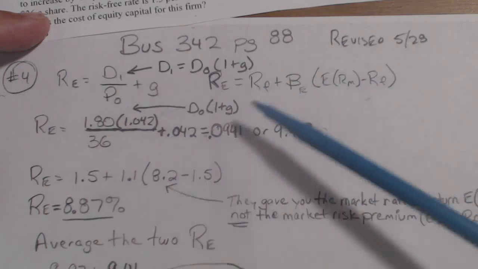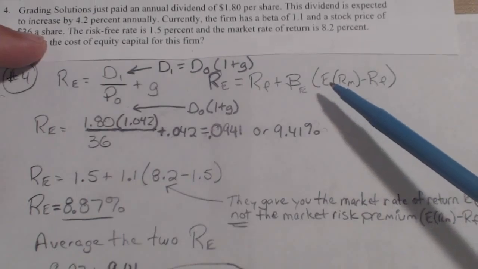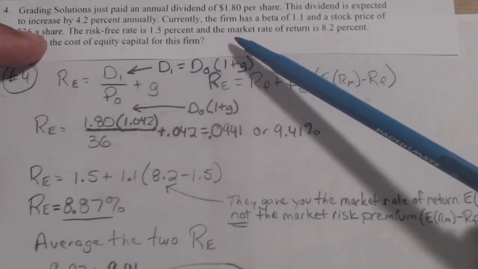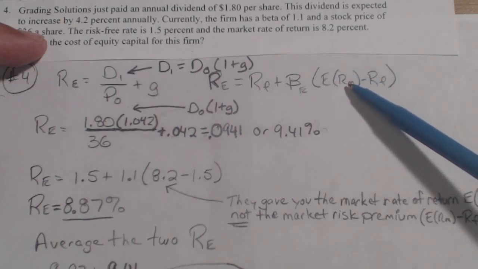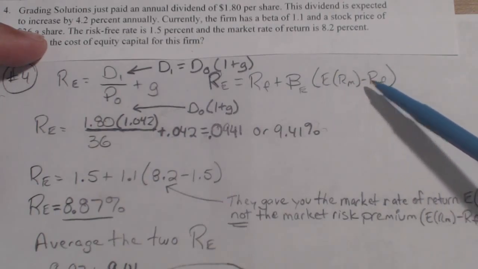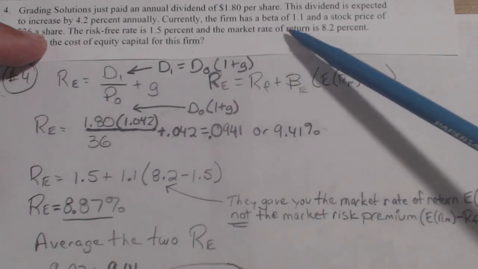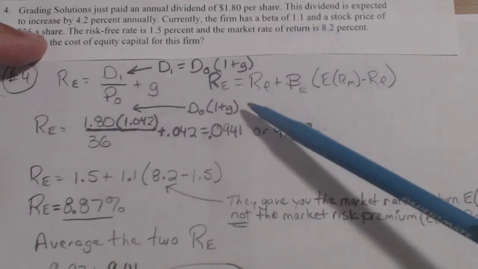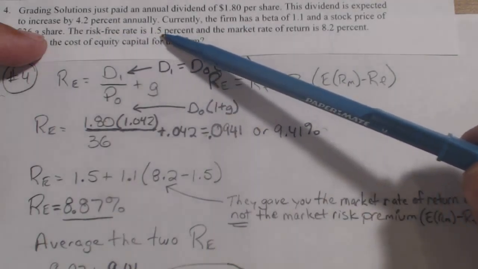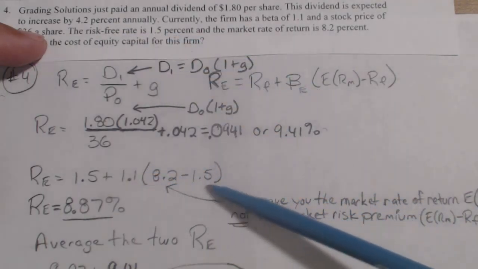Now remember, they told you the market rate of return, so this isn't the risk premium. This is the expected market rate. You subtract the risk-free rate from it, and that's how you get the premium, 8.2%.